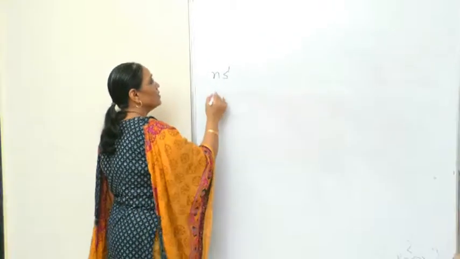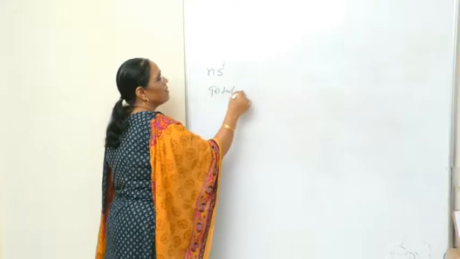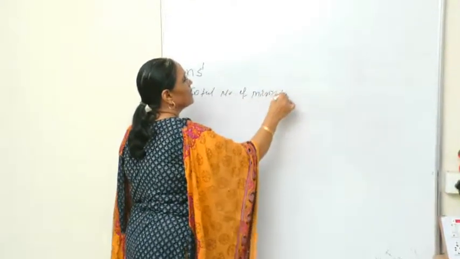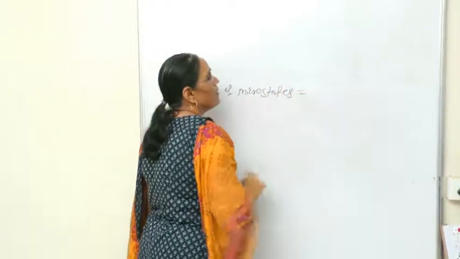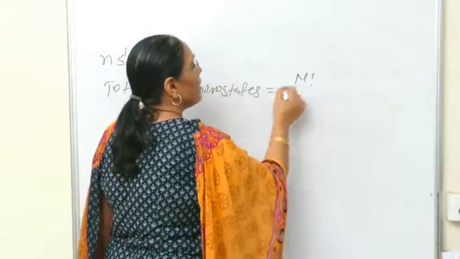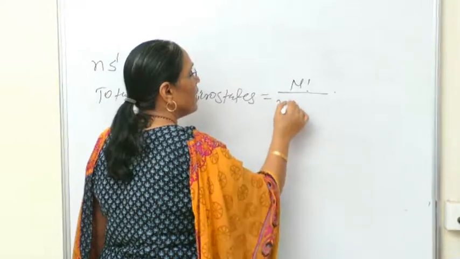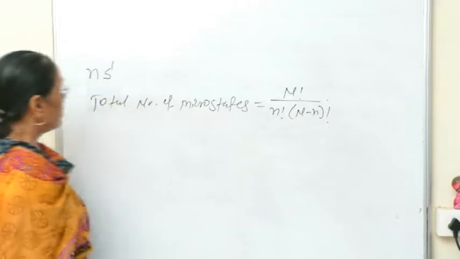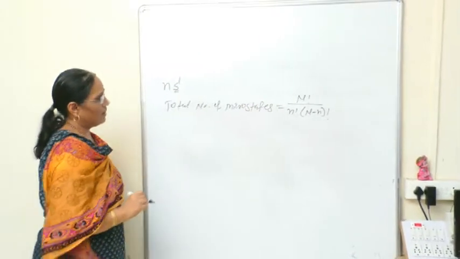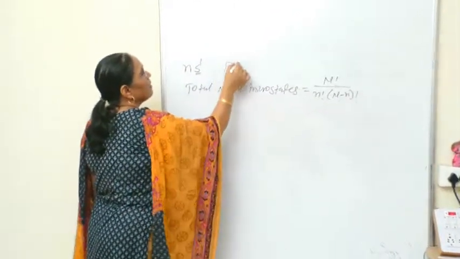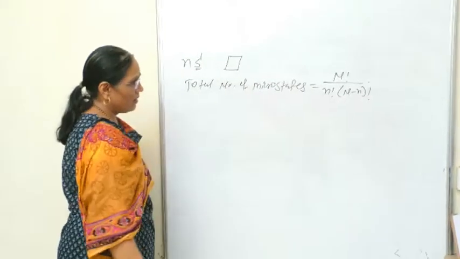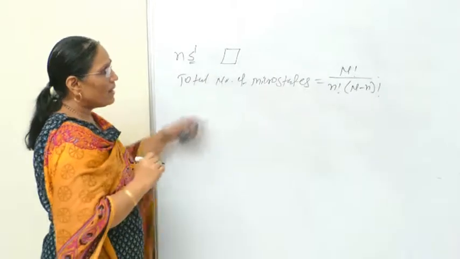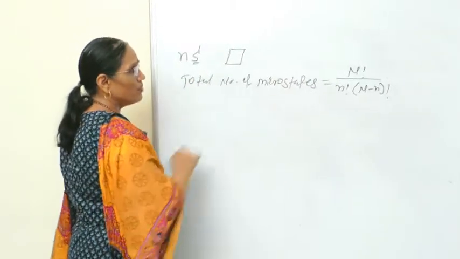For this configuration, the total number of microstates is equal to, we will put this equation, N factorial divided by small n factorial into N minus n factorial. For the s orbital, there is a single suborbital, so it can contain only 2 electrons, one with upspin and the other with downspin.